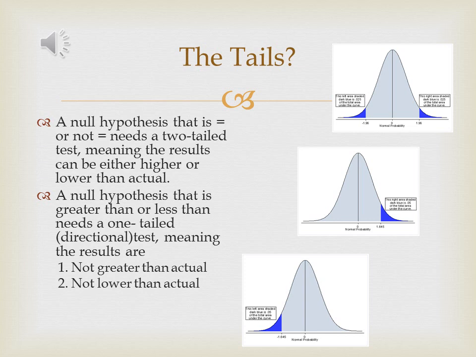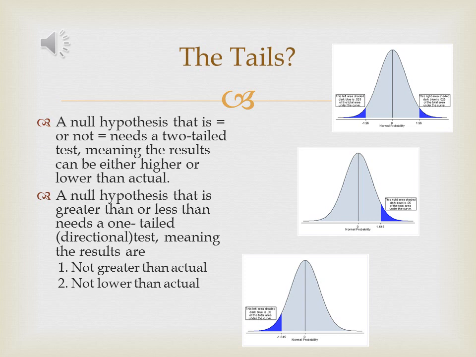If we have a null hypothesis that's framed as greater than or less than, then we need a one-tailed or a directional test. And that means that the results of our sample are either not greater than the actual or it's not lower than the actual.